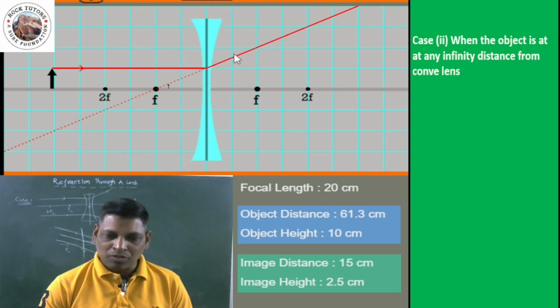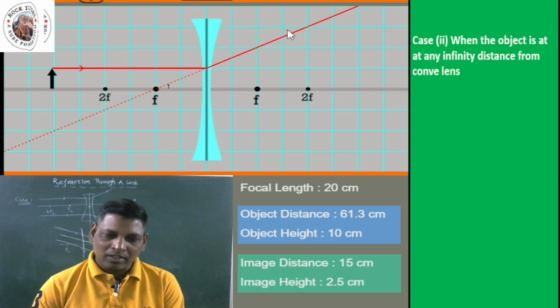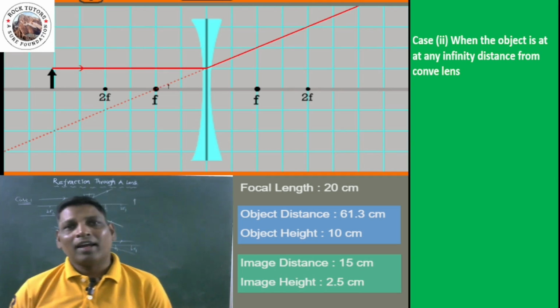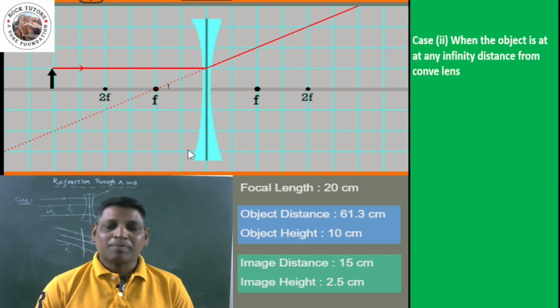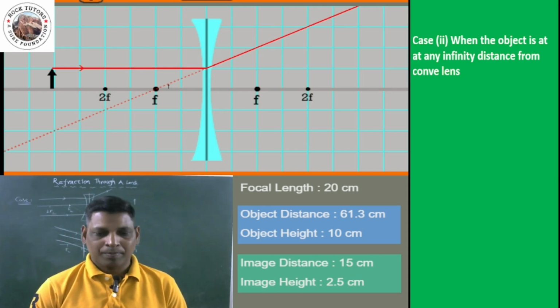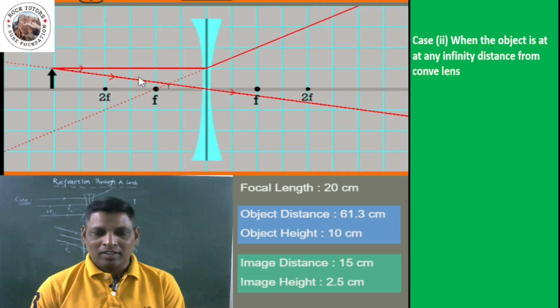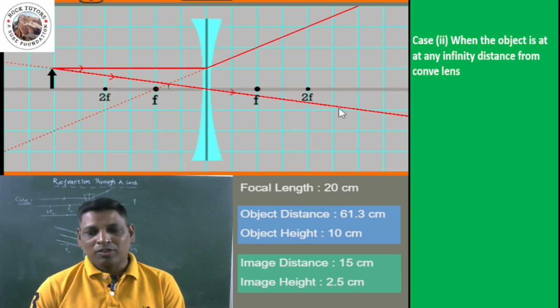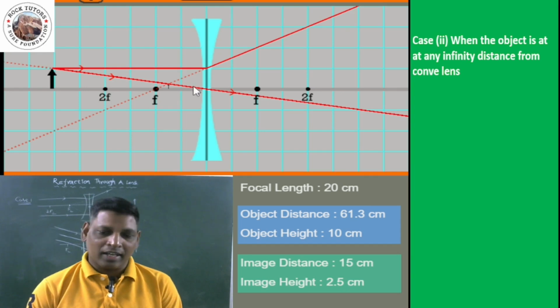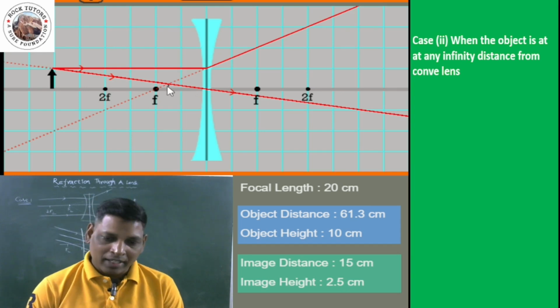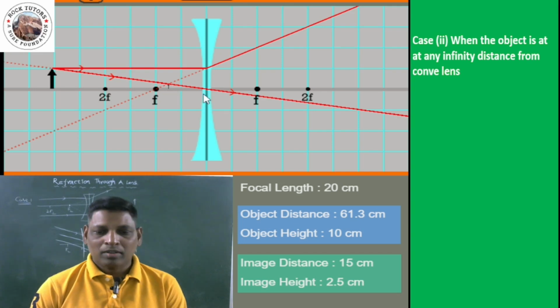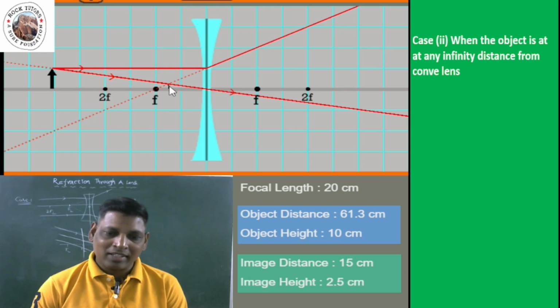After refraction it goes like this, and if I extend it backward, it passes through the focus. One more ray I am taking passes through the optical center. You know that the ray will not deviate; it goes straight. Now if I extend it backward, both meet here between the lens and the focus. Here the image is forming.